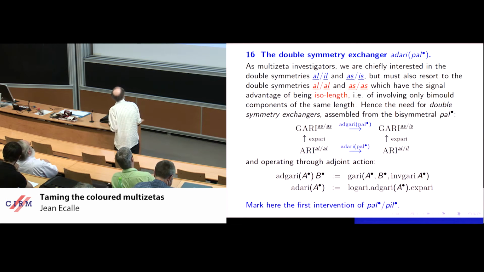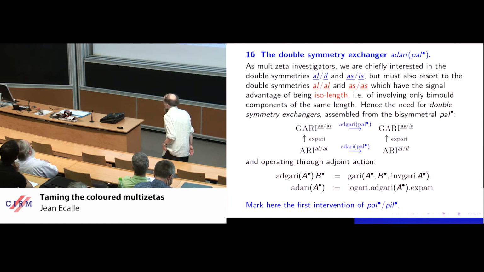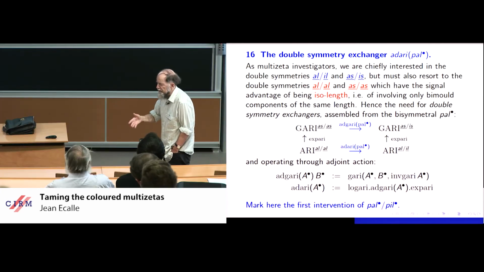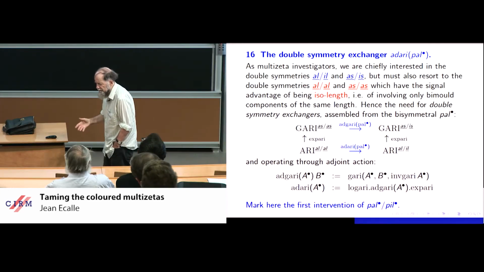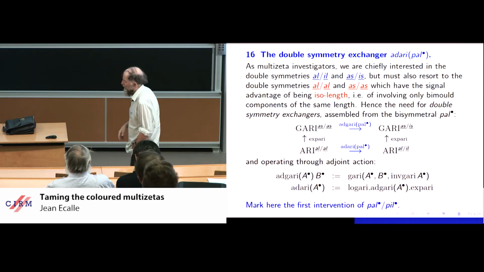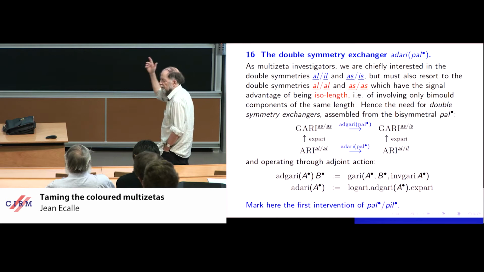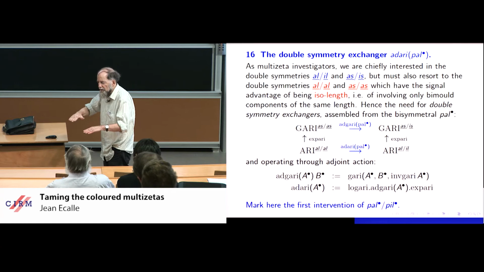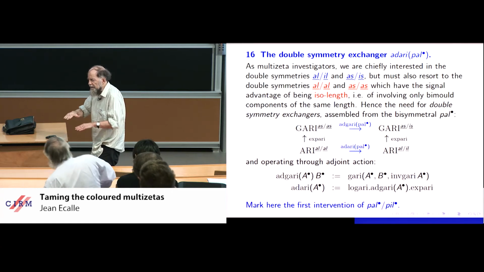So the first intervention of our B-mould is this: with them we shall construct operators that have the merit of exchanging double symmetries. We are interested in the symmetries symmetral slash symmetrel and alternal slash alternil, but if you recall the definitions, alternil and symmetrel mix up various lengths, so they are slightly inconvenient.